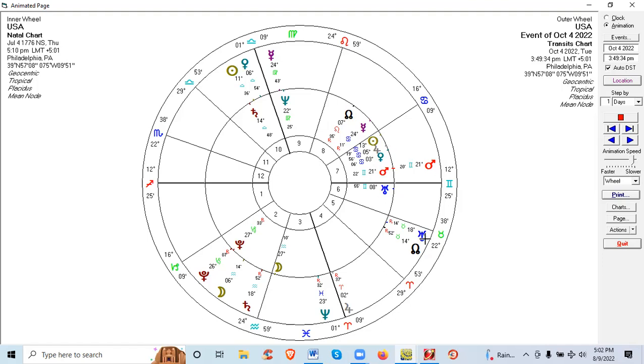So we have transiting Uranus in Taurus making an aspect over to the United States' Neptune and transiting Mercury as well. Just got to remember that. So sudden, out of the blue, uncanny, you wouldn't believe it, Uranian kind of things. Maybe that's going to be some of our adjectives about what might go down.